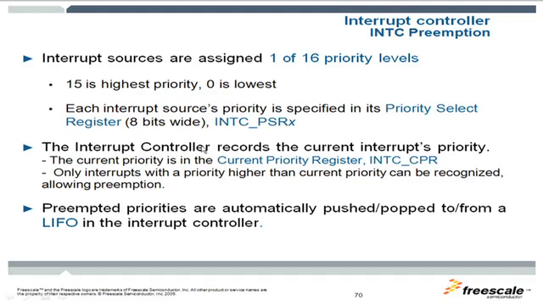And the interrupt controller, when it's executing an interrupt, will copy the priority of that interrupt into its own current priority register, save it, and will not recognize any other interrupt requests with the same or lower priority. A question: suppose you put the priority as 1 and another interrupt of priority 1 comes. Will it be recognized? Not until the current interrupt finishes and the priority goes back down to 0.